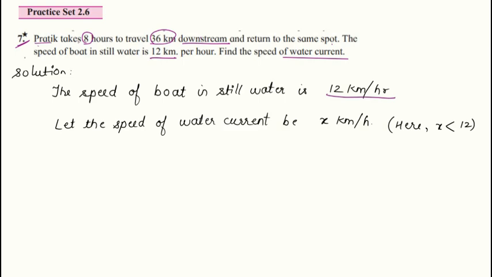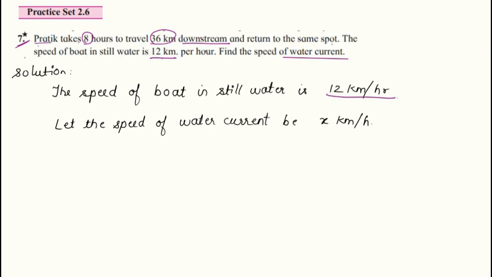The speed of boat in still water is 12 km per hour, already given, and we have to find the speed of the water current. So let the speed of water current be x kilometer per hour. Here we will first find the speed of boat in downstream and the speed of boat in upstream.